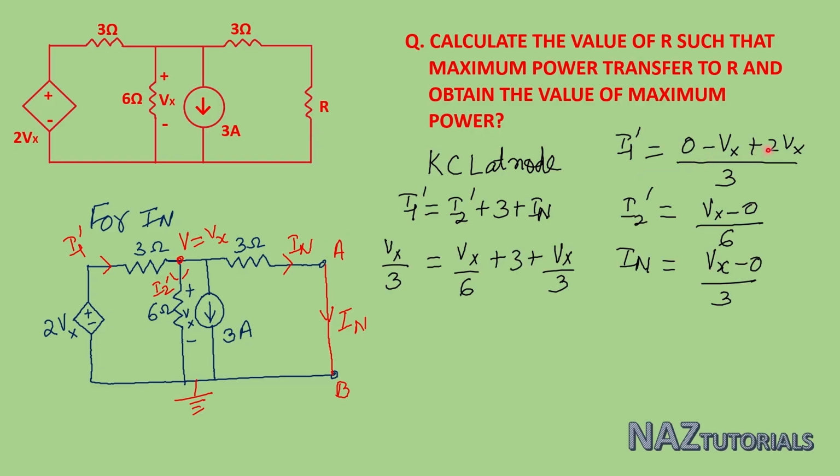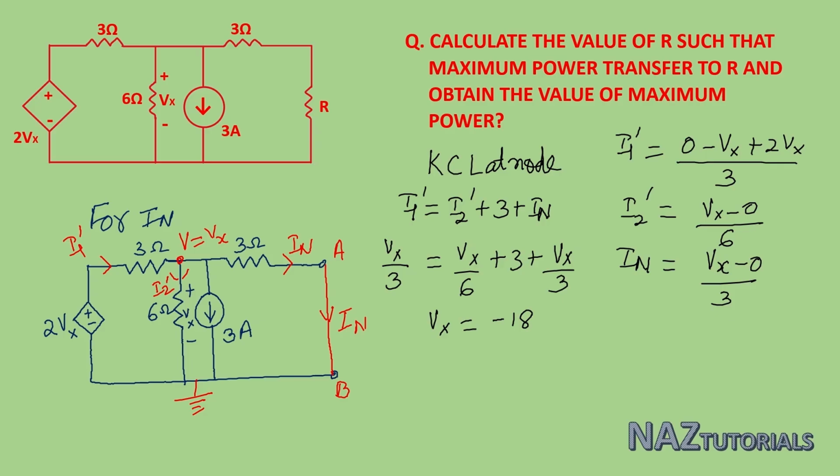Put the values of I1 dash, I2 dash, and IN. I1 dash is 0 minus Vx plus 2Vx by 3. I2 dash is Vx minus 0 divided by 6, and IN is Vx minus 0 divided by 3. Put all these values in the KCL equation and calculate this Vx.